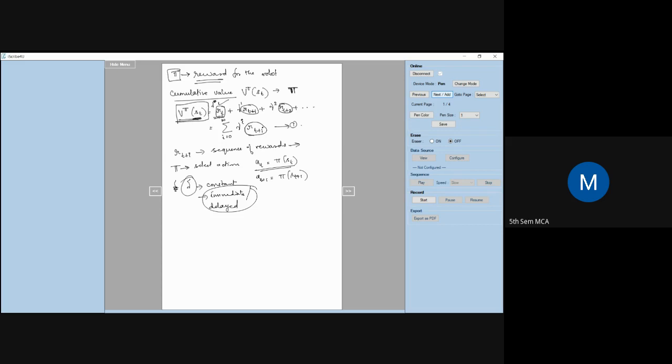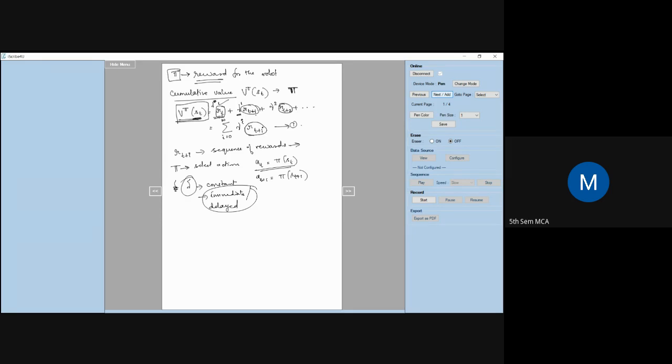Next, gamma to the power of 1. That means for the next state, you are getting some extra, you also call this gamma a discounted value. Gamma squared, you get something really more.